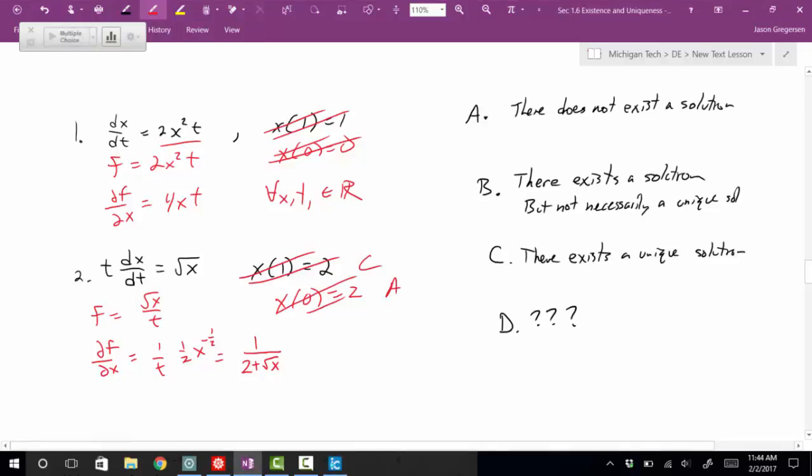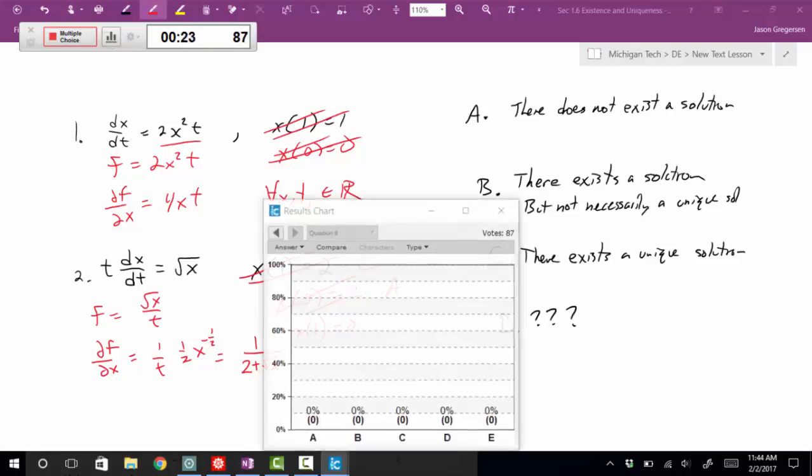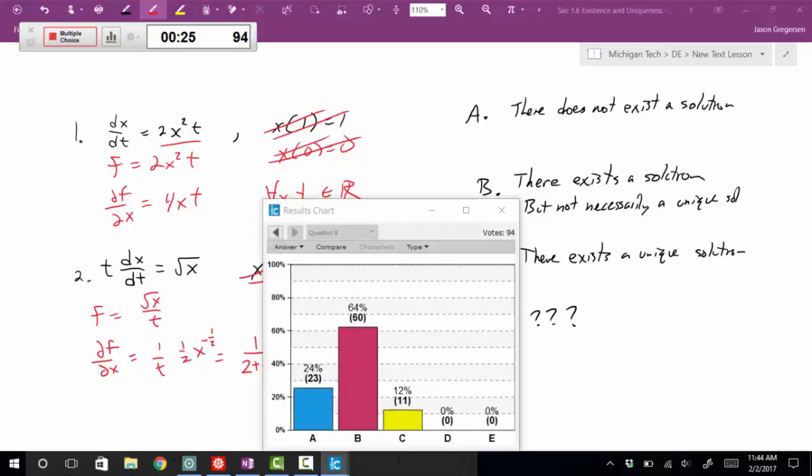Last one, what about this one? X of 1 equals 0. B, but still a little mixed here.